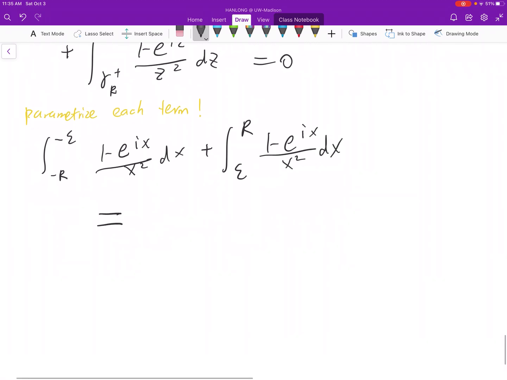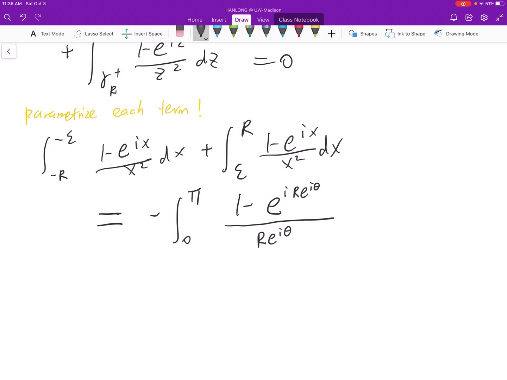And then on the other hand, you have minus the integration from 0 to pi. This is for the bigger hemicircle. So 1 minus exponential i R e^{iθ}, let's go step by step, R e^{iθ} squared, and d(R e^{iθ}).